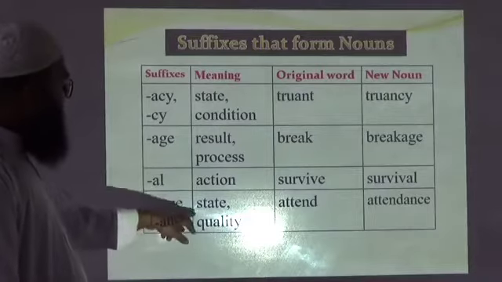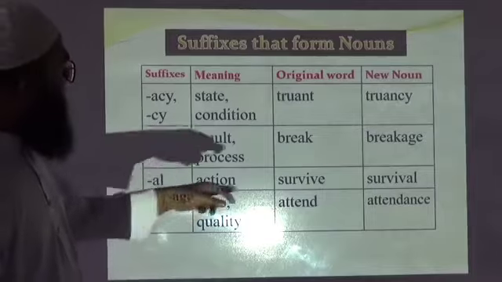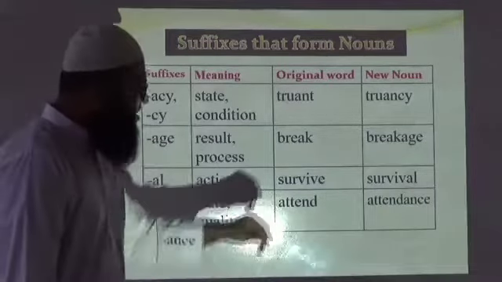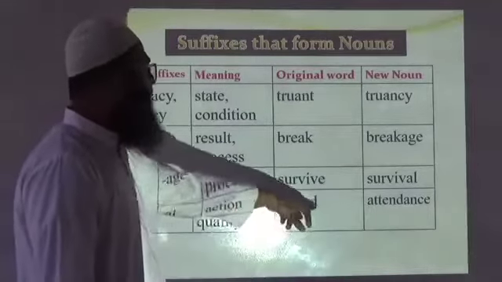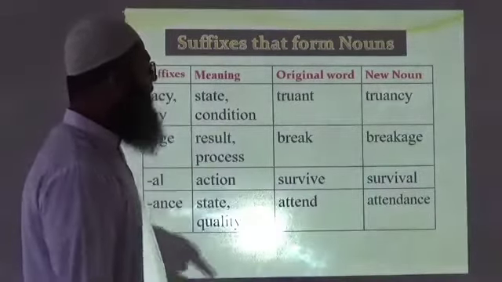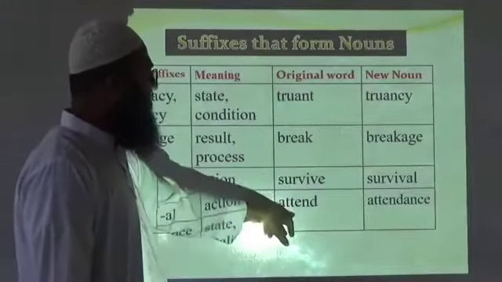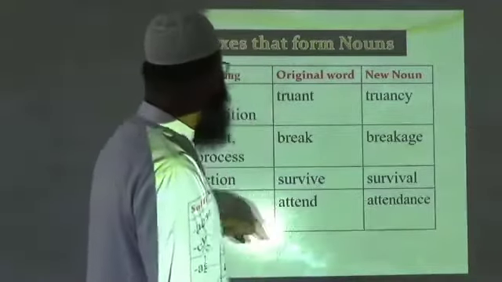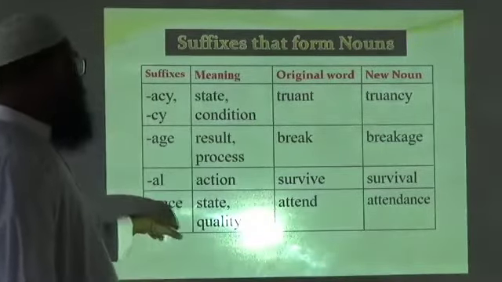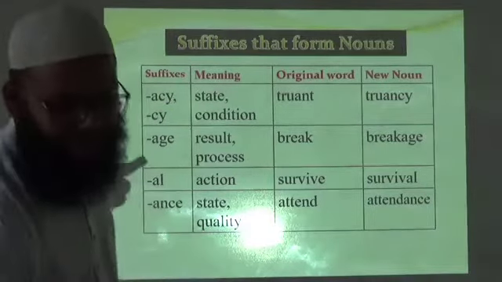ANCE, its meaning is state or quality. Like the example, attend. From attend, if we add ANCE after attend, then it will be attendance. Attendance means upusthit hawa. Attend is a verb, and the verb becomes a noun by adding the ANCE suffix.